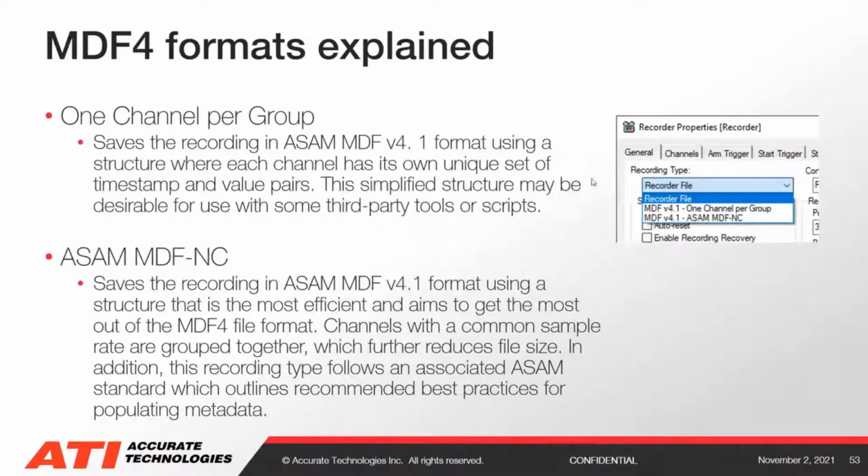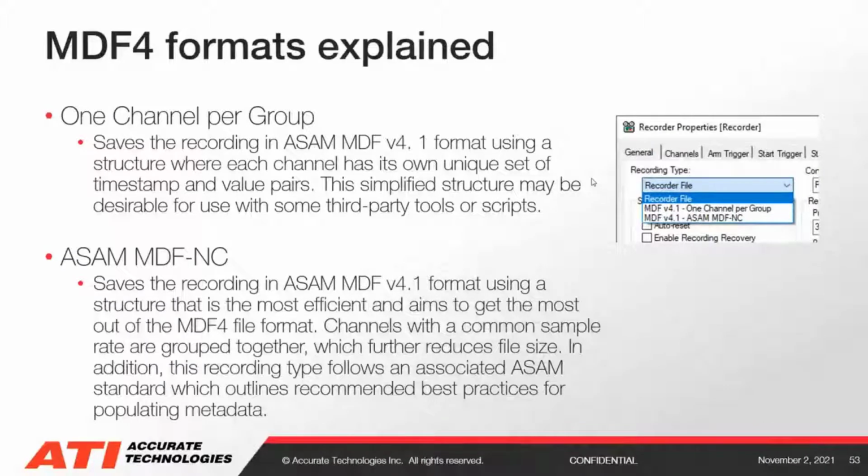1 channel per group saves a recording in MDF version 4.1 using a structure where each channel has its own unique set of timestamp and value pairs. That's different from the one on the bottom, MDF-NC. So that is what we consider the most efficient.